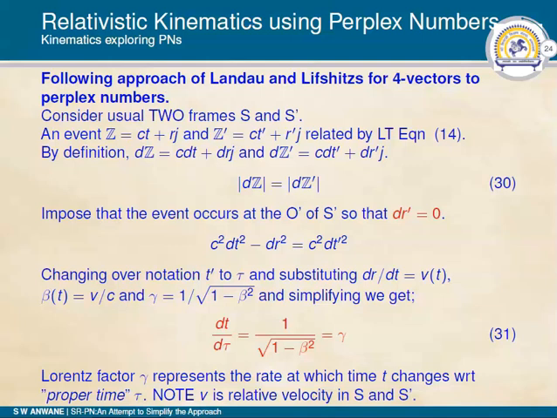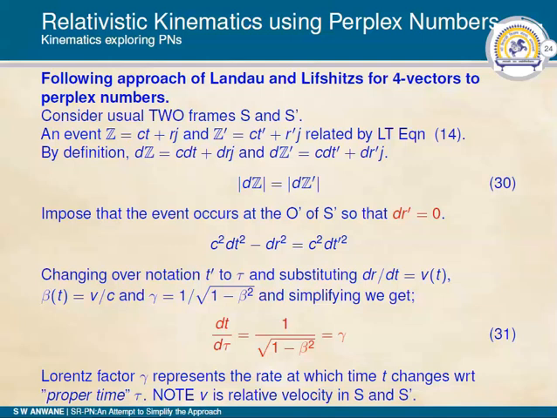Z is equal to ct plus Rj, perplex number where j squared is equal to +1, and Z dash is ct dash plus R dash j. Here velocity of light is absolute for observer in S and S dash, which is second hypothesis of Einstein's special theory of relativity. It has been taken care of duly.